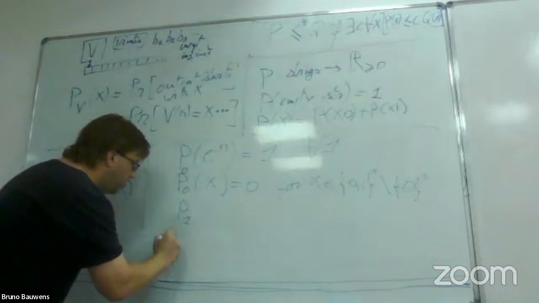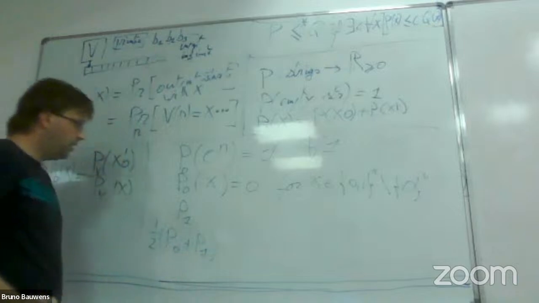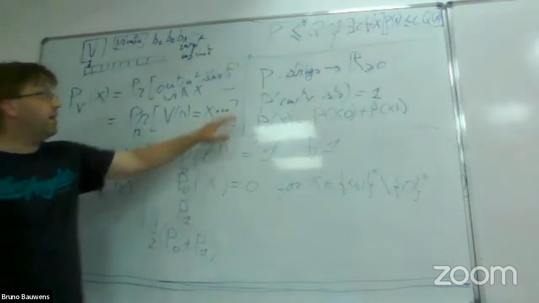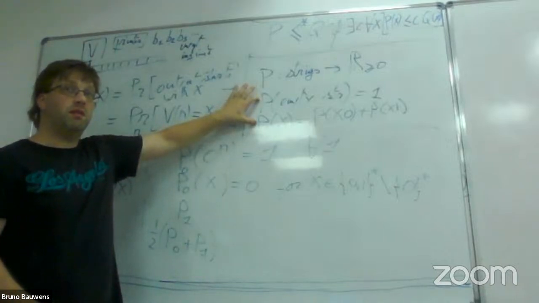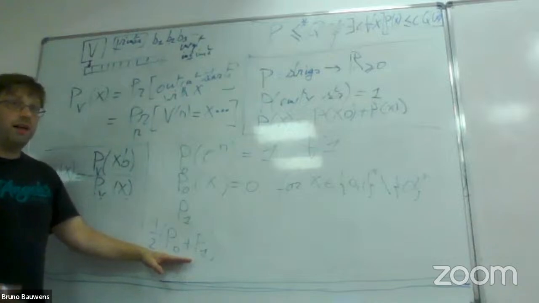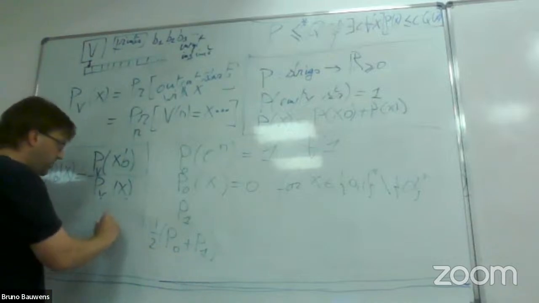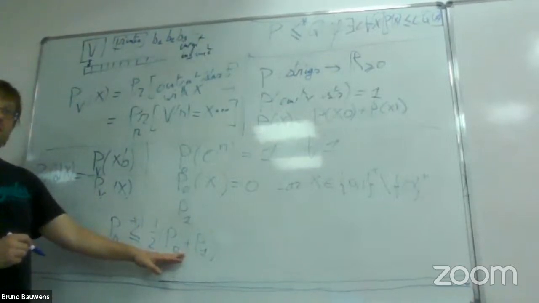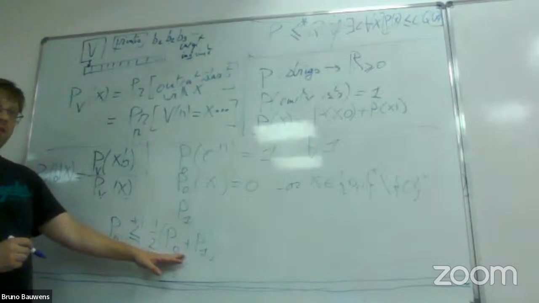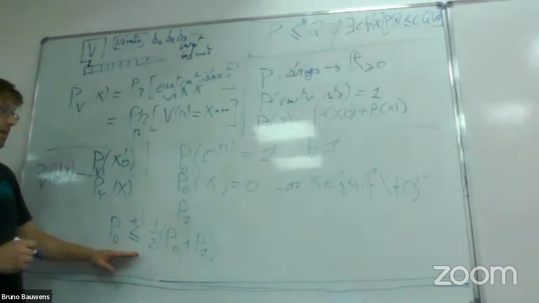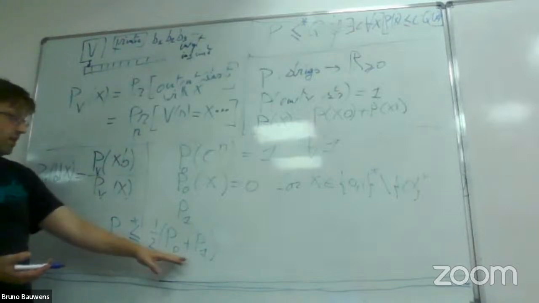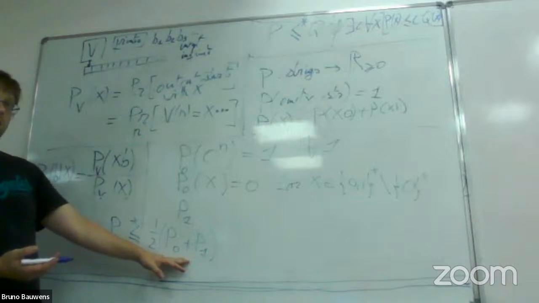But then we can look at (P0 plus P1) divided by 2. This is also a measure, since I take a linear combination and the conditions are linear. So it's also a measure, and we have that P0 is dominated by this measure. So what is the constant C that we use to see this?